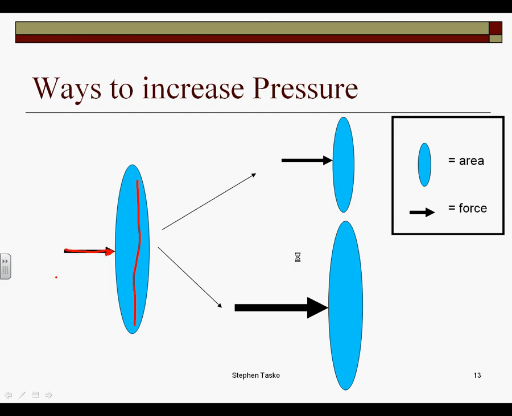If you are pushing your thumb on the head of the thumbtack, you're applying a given force to that large area. The resultant pressure on your thumb is not very large. However, that force is transferred through the thumbtack to a very small area. As a result, the pressure at the tip of the thumbtack is very, very high.